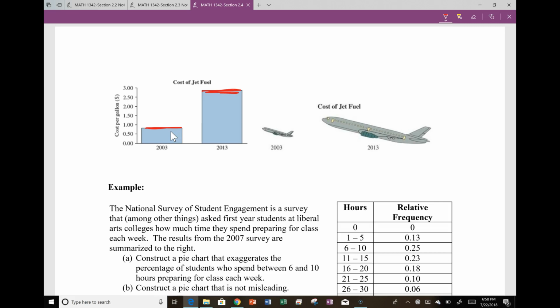Now if I look at the height of this bar, let's say that's 75 cents to about $3.75, a difference, okay? And then if you look at the graphics here, 2003 to 2013, they need to be proportional to the height of our graphs.